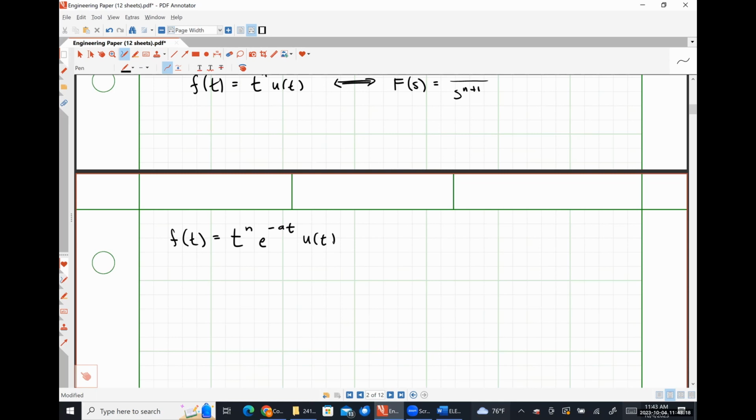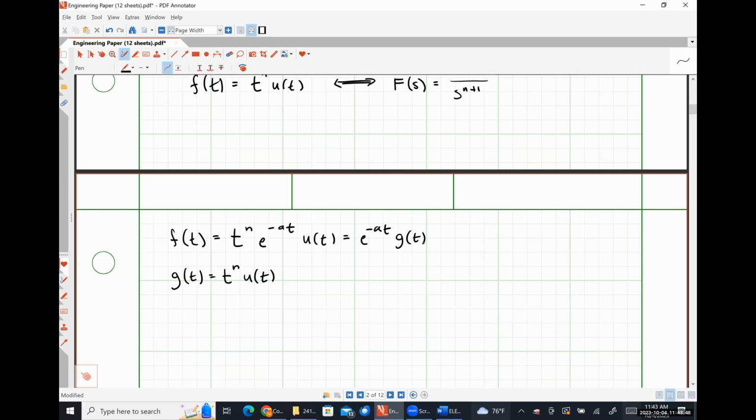Well, g of t could be expressed as t to the n u of t, making f of t e to the negative at g of t. You guys catching what I'm throwing thus far? Hopefully fairly simple substitution here.